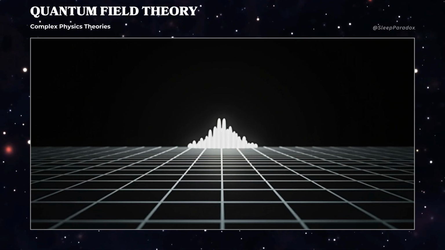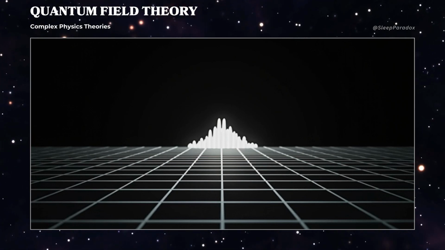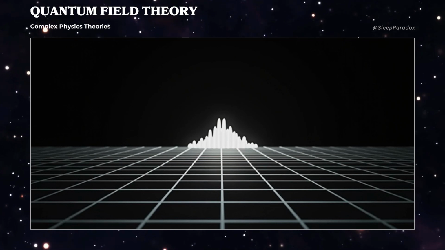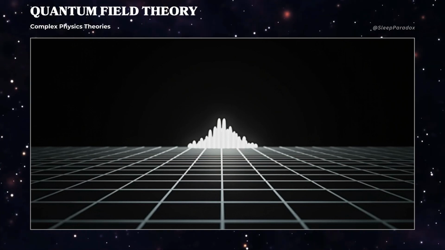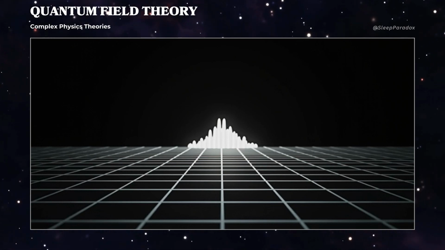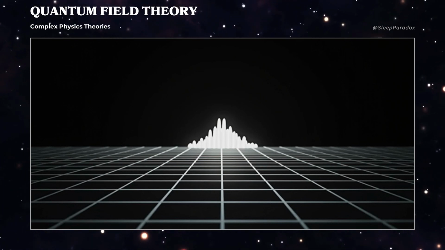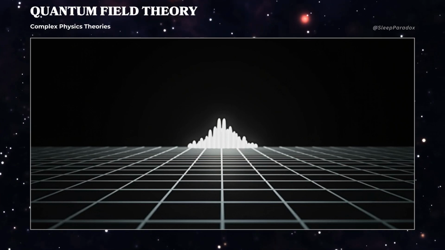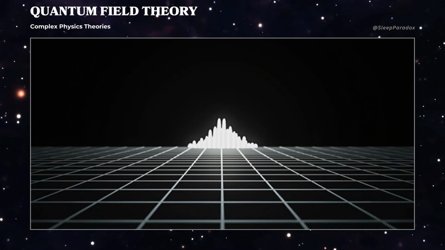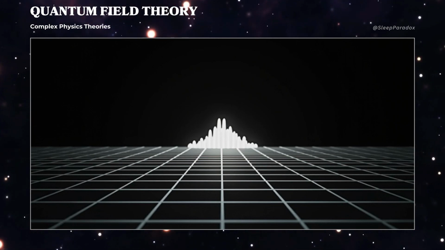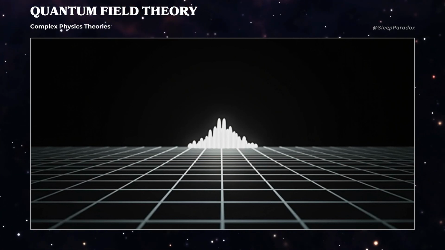In essence, quantum field theory tells us that the universe is not made of isolated particles, but of continuous fields vibrating across space and time. Particles are just the visible peaks in those vibrations, and the interactions between particles are simply the way those fields talk to each other. It is a deeply abstract, yet incredibly precise way of looking at nature, and it has become the foundation of modern theoretical physics.